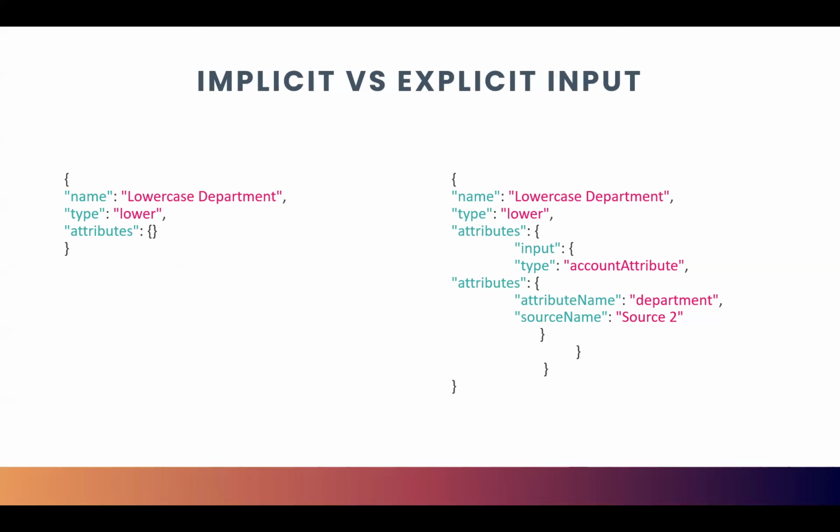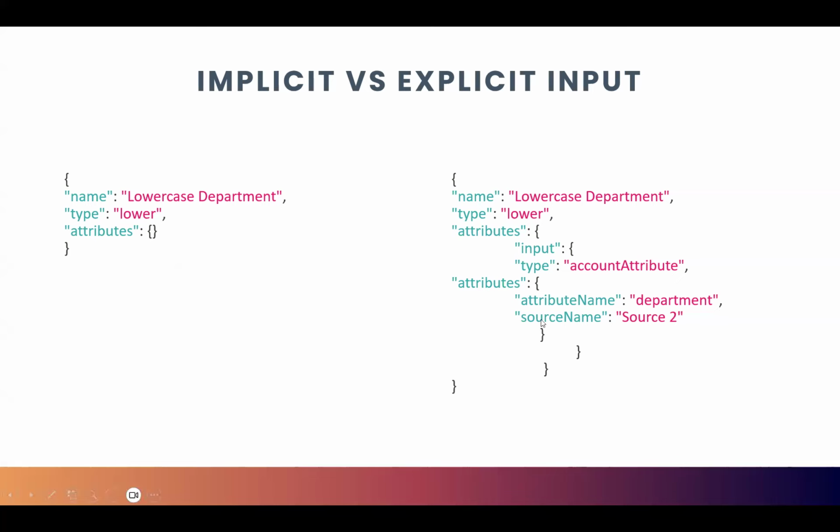Similarly, if you see the explicit value here, there is an input value here. So the transform uses the value source 2 provided for the department attribute, ignoring the configuration of the identity profile.